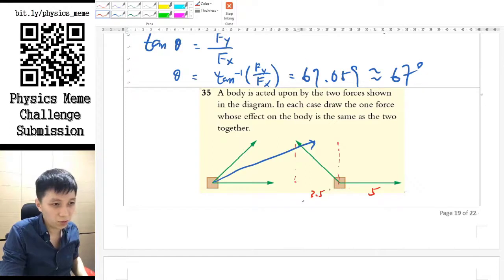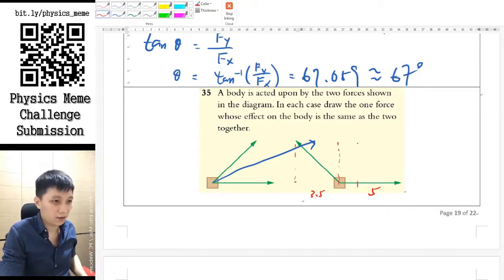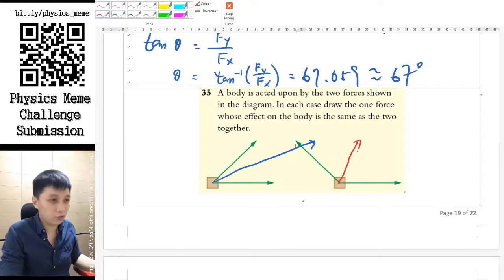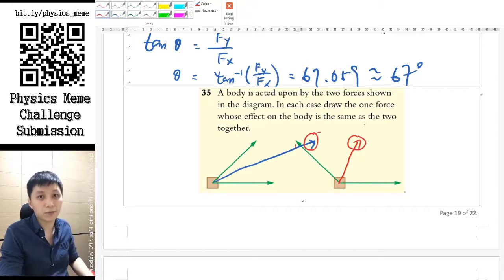So what you get is 5 minus 3.5, that's 1.5. 1.5 is about here, and the same height, so go around like this. Okay, so that should be the answer, and I'm pretty sure using your own scale is fine, but then you should also end up with somewhere around here and somewhere around here also.